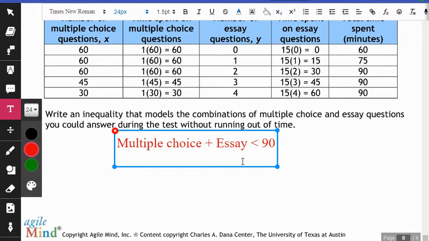Multiple choice take a minute each, right? So we'll say 1 minute times the number of multiple choice questions plus 15 minutes times the number of essay questions. I would use X and Y. I don't like using E, and M looks like minutes. Is less than or equal to 90.